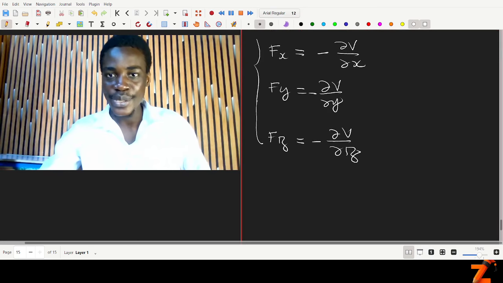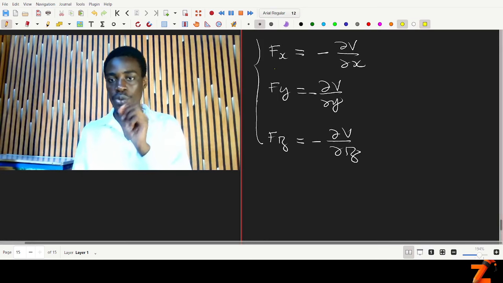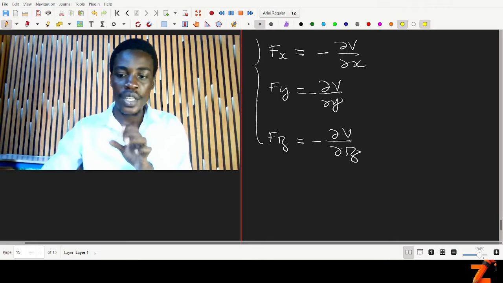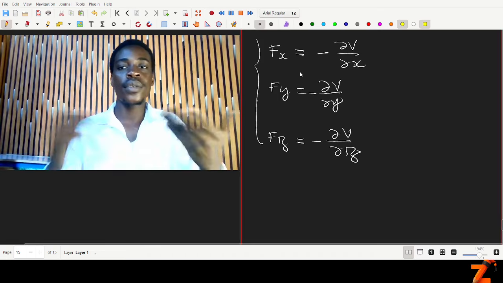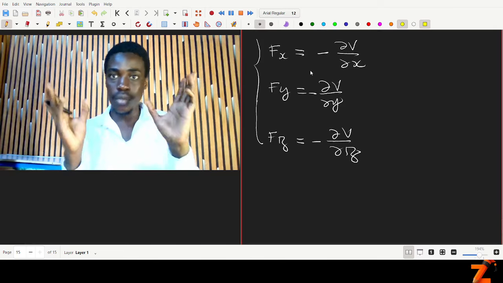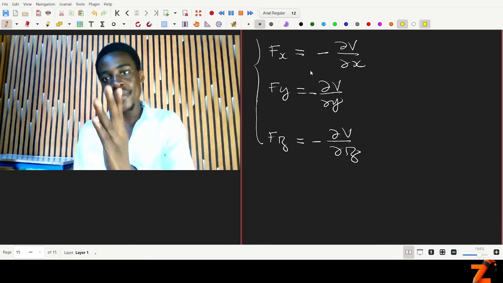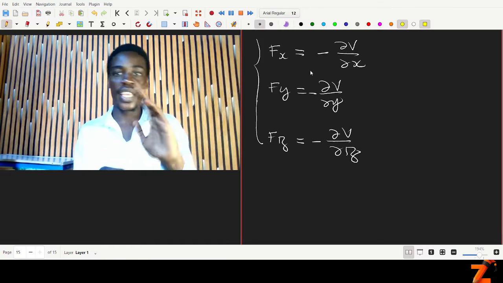Very good. So what is our goal here? Our goal is to find the potential v. When the unknown variable is v, I want to have it at the left of the equality.